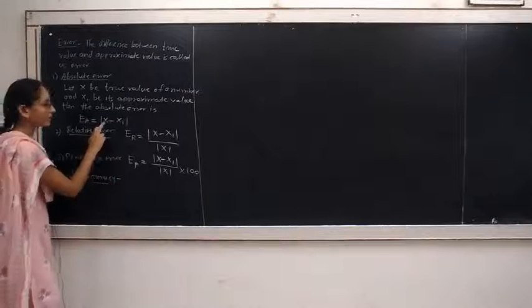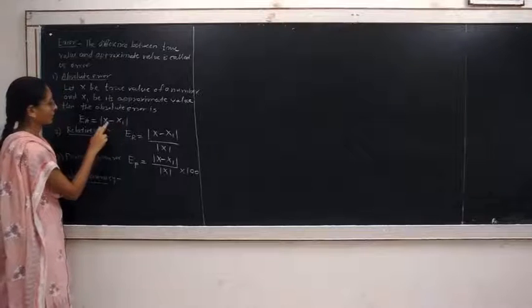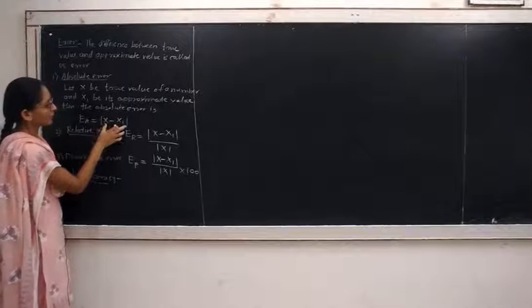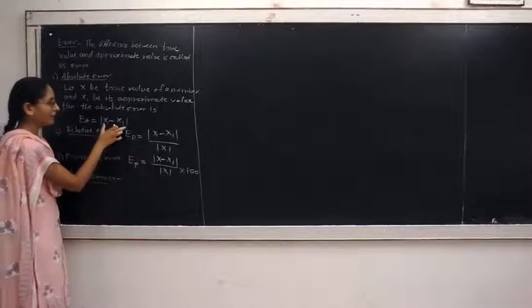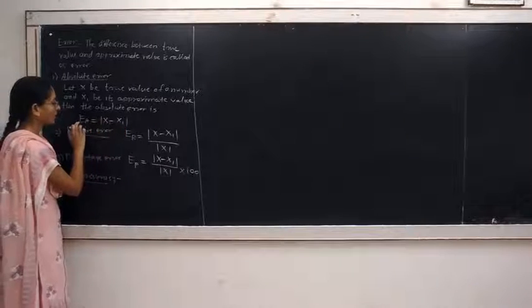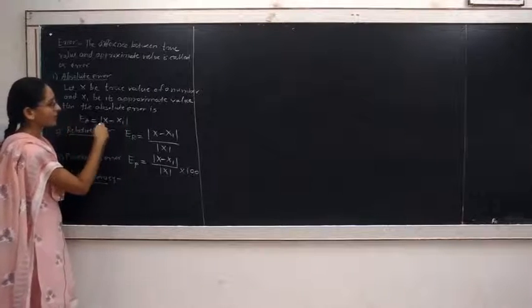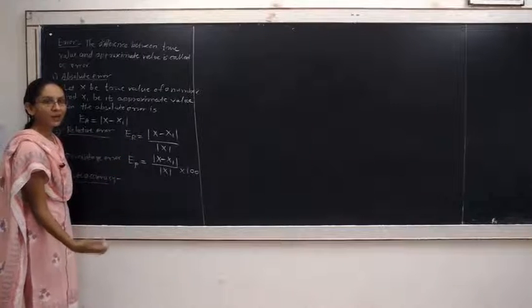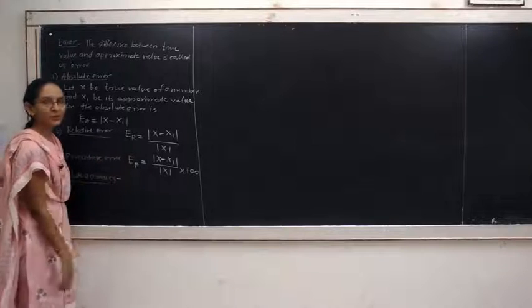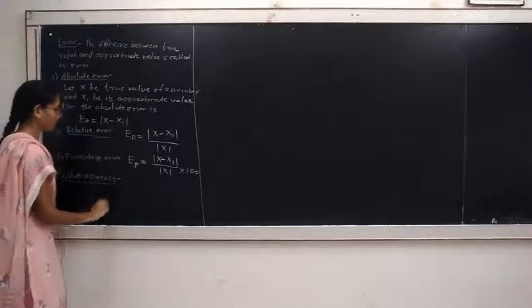If we know the absolute error, that is the modulus of the difference between the true value and its approximate value, and this error has some upper bound. Suppose that bound is delta x, then the upper bound of this mod is called the absolute accuracy.